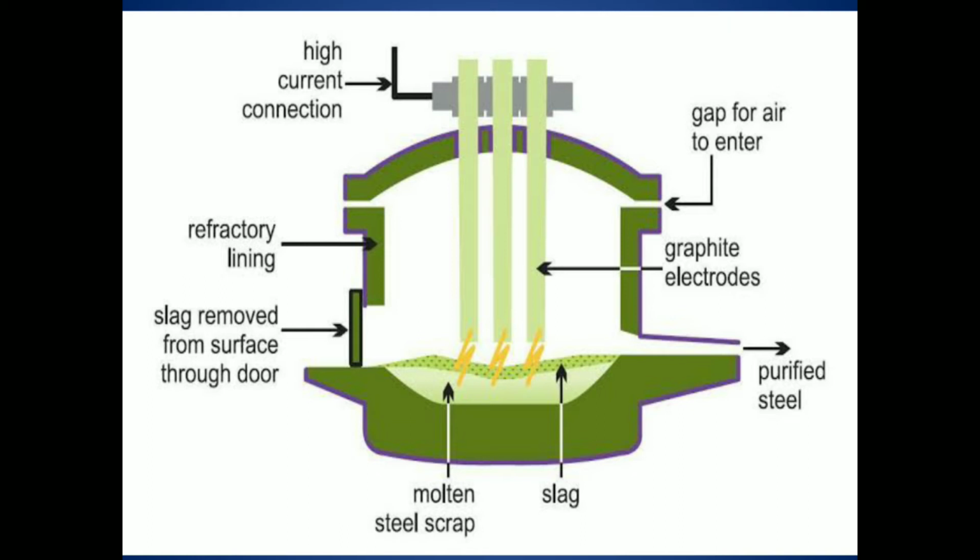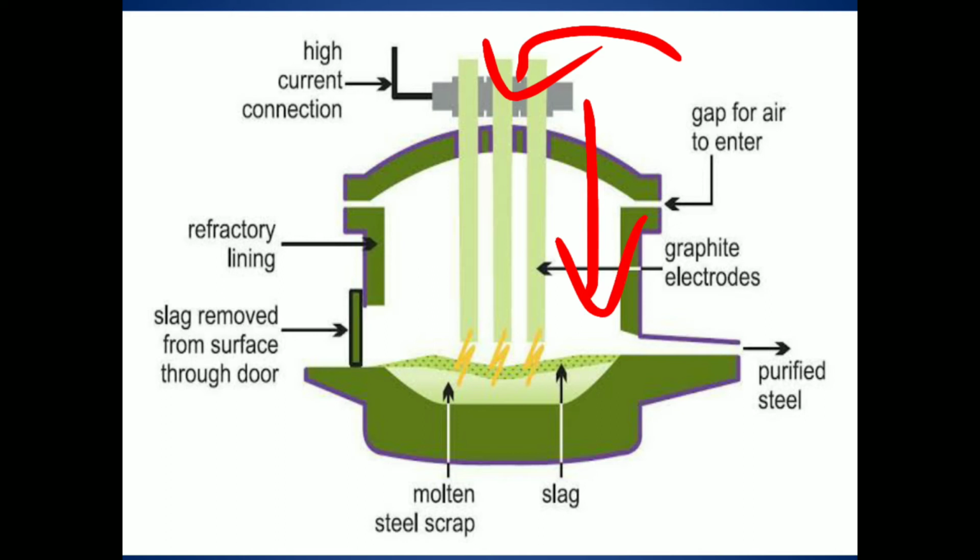The electrical current is delivered into the furnace through graphite electrodes which pass into the furnace vertically through the roof. During the melting as well as during the charging, the electrode movement is controlled automatically. When we supply the current to these graphite electrodes placed at the roof of the furnace and they move to the lowered position, the arc will be produced between the electrode and the charge.